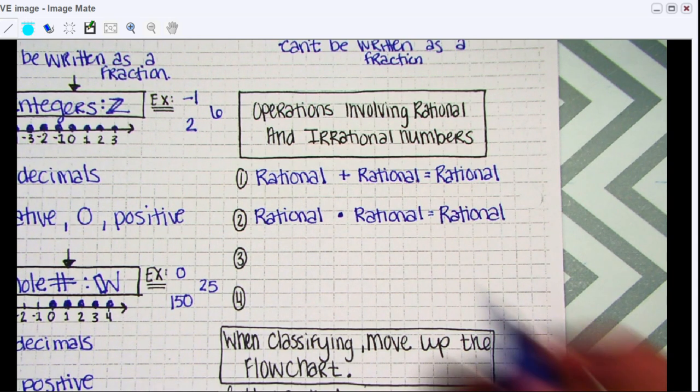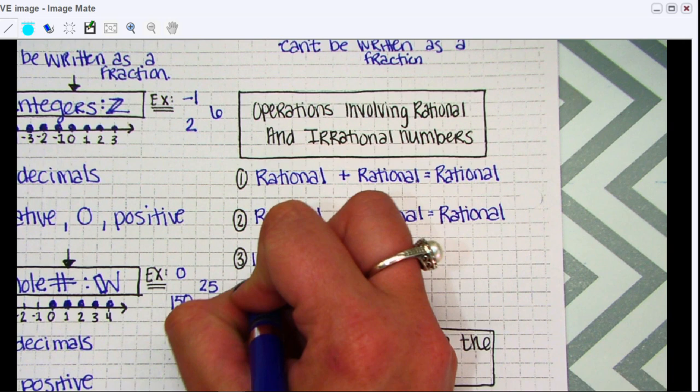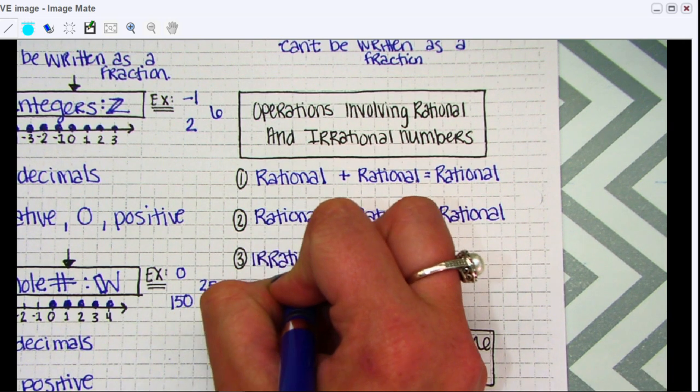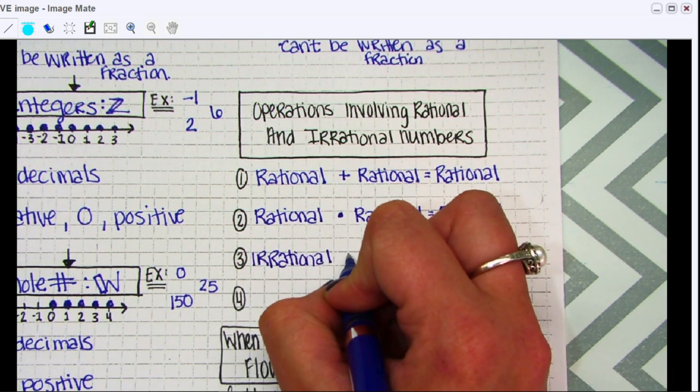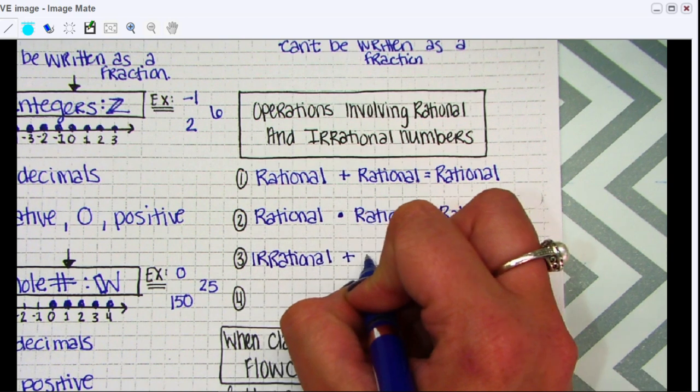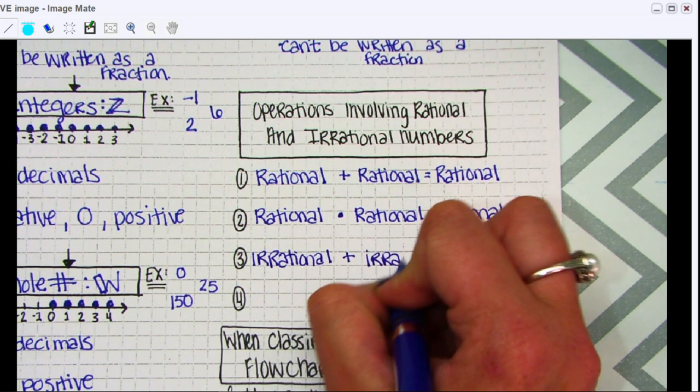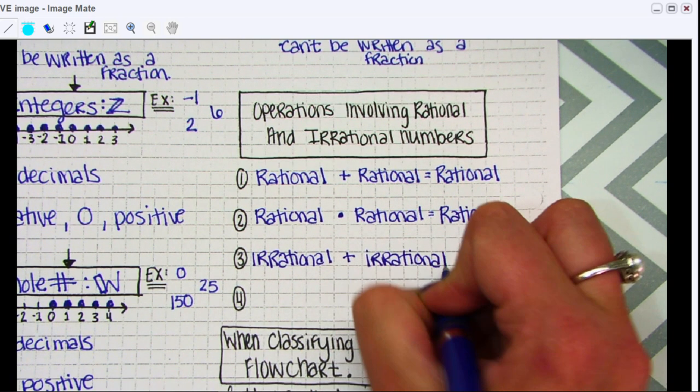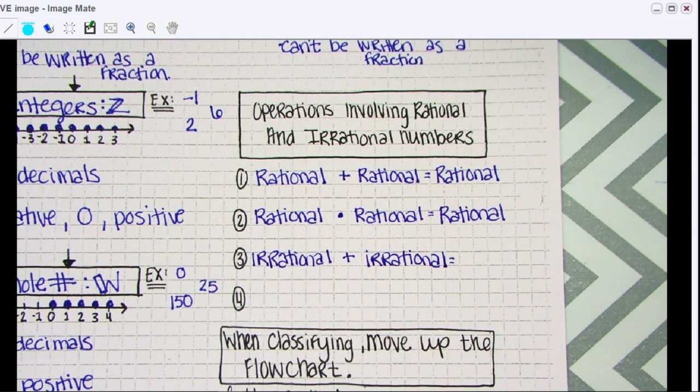Next one is an irrational. Again, you can use the symbol if you want, plus an irrational. What kind of outcome do you have with irrational plus irrational? Irrational.